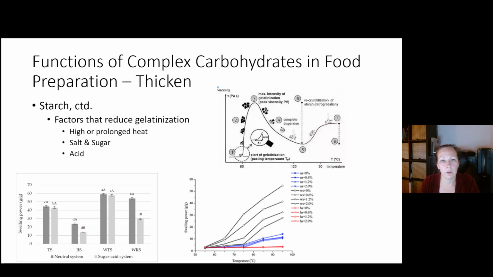Another interesting thing to note is the waxy version, the version with more amylopectin, has greater swelling power overall compared to the regular starches. And that makes a little bit of sense, because amylopectin is the one that has all of those branches, and so there are more crevices for the water to get into once you've broken intermolecular bonds with heating.